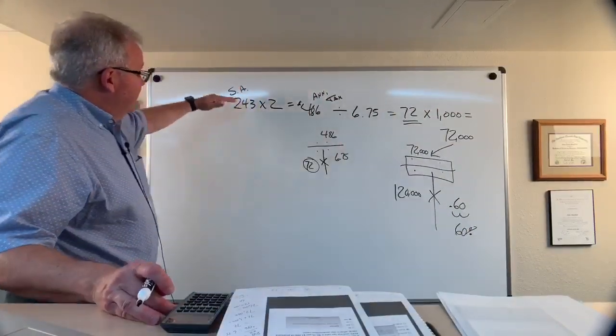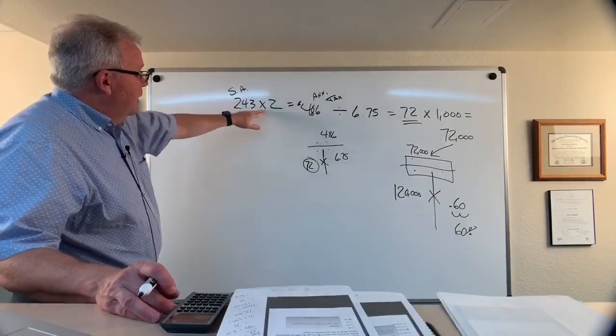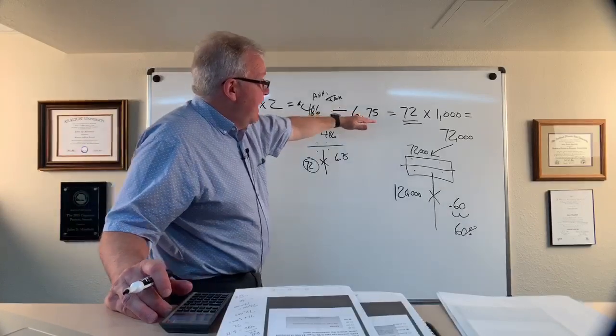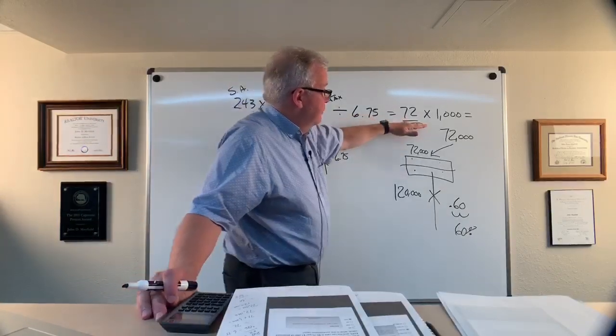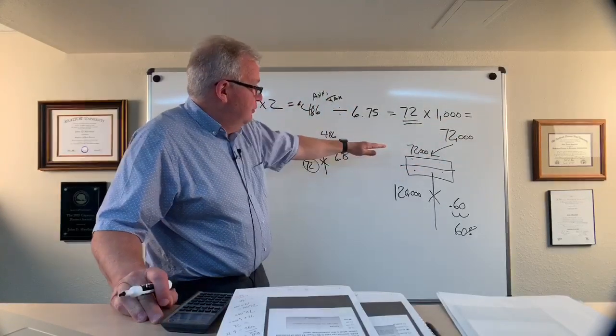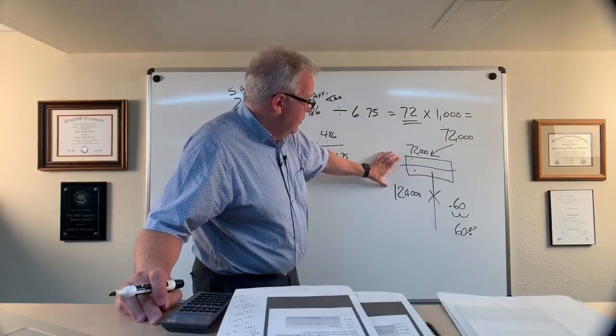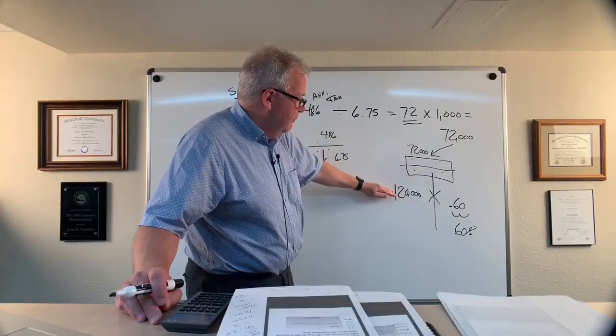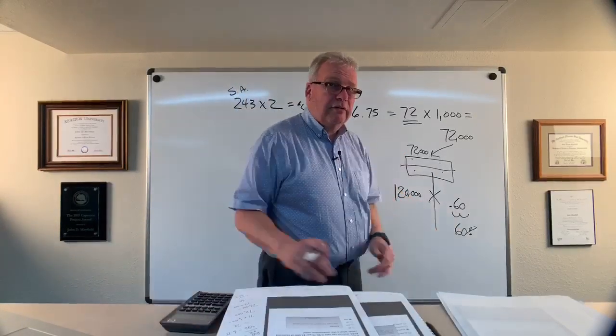So again, key things: semi-annual, you've got to take it times 2, get the annual tax, divide by the tax rate. We'll give you this number and multiply that times the 1,000, which will give you 72,000. And now we just take the smaller number, the assessed value, divided by the value of the home, we get 60%.